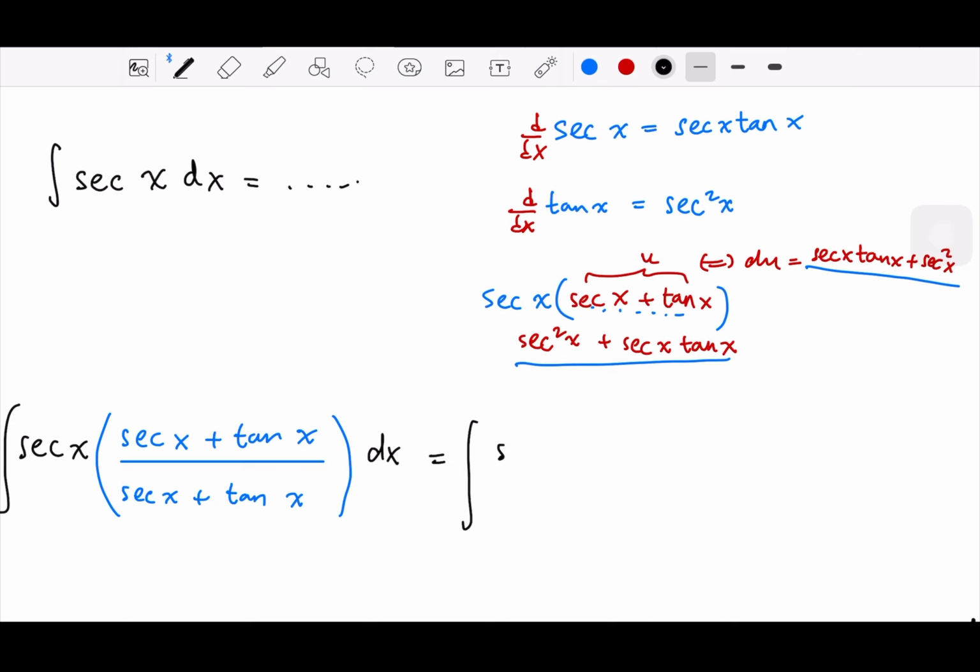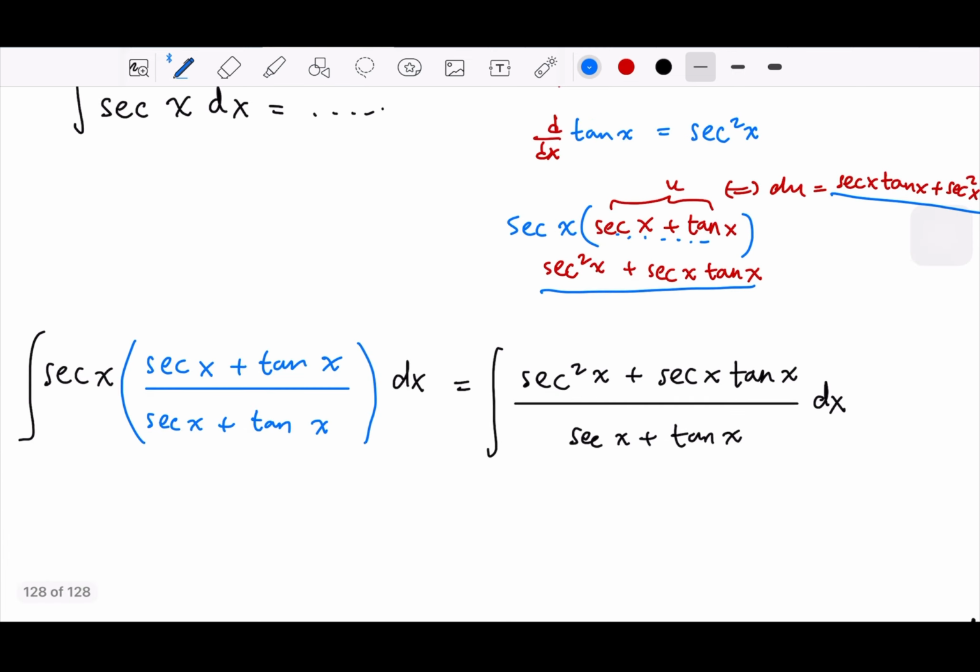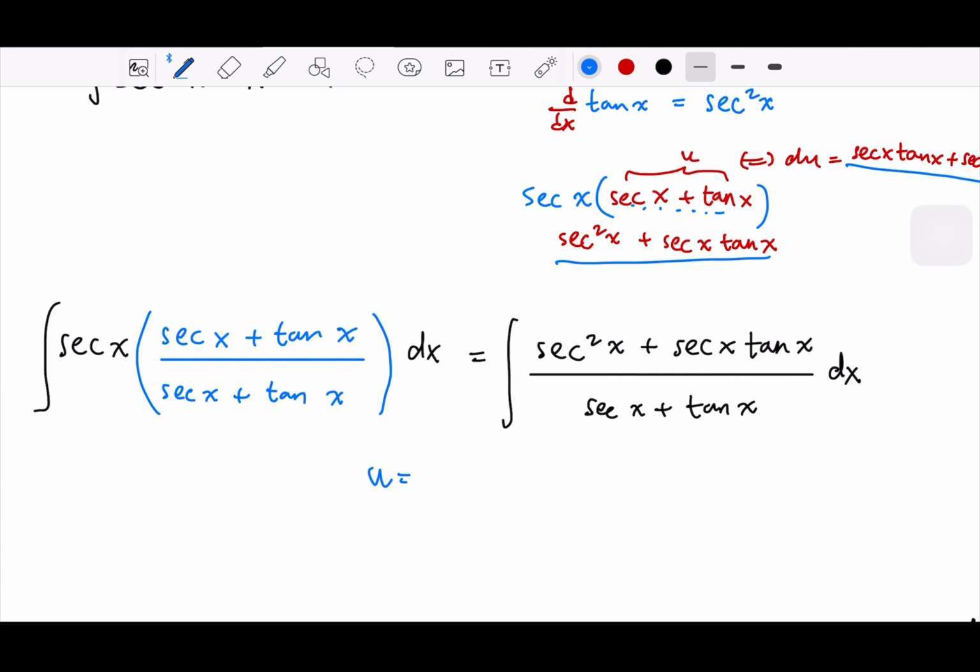So this will be secant squared x plus secant x tangent x, and this will be secant x plus tangent x dx. Okay, next part is taking u substitution as secant x plus tangent x, and by doing so we are going to have secant x tangent x plus secant squared x dx.